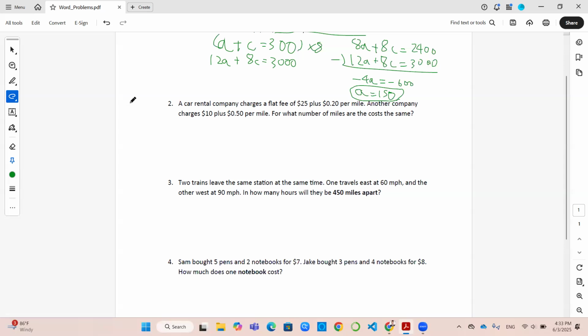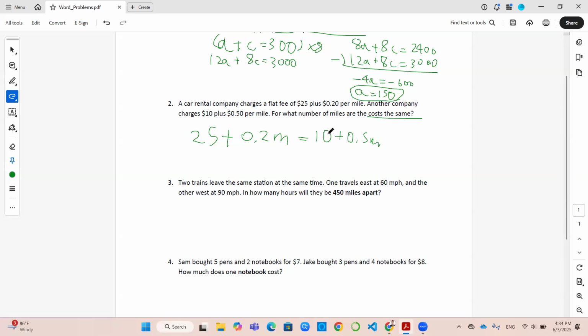Question number two. A car rental company charges a flat fee of $25 plus $0.2 per mile. Another company charges $10 plus $0.5 per mile. For what number of miles are the costs the same? Okay, so we know that we have a flat fee of 25 plus 0.2m, where m stands for miles, and this has to equal 10 plus 0.5m.